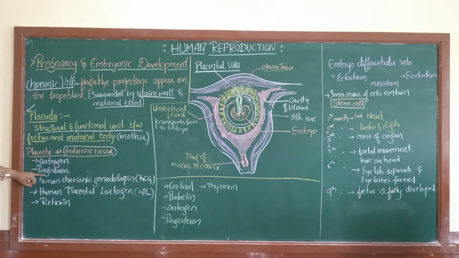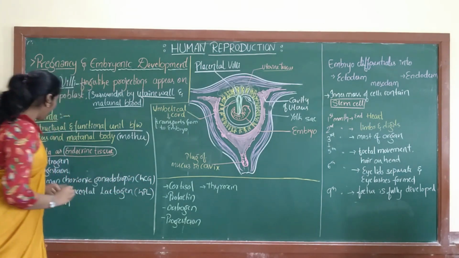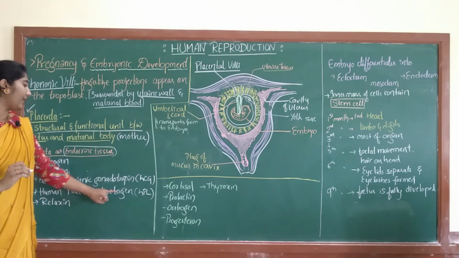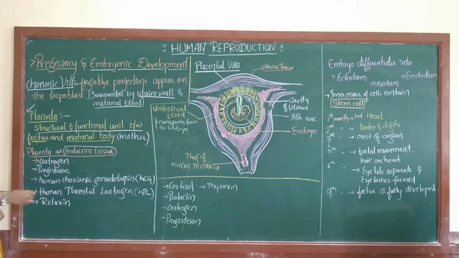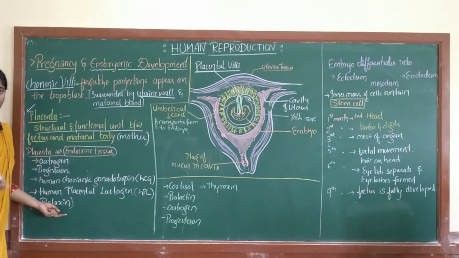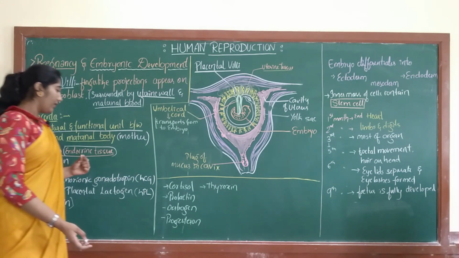Estrogen, progesterone, human chorionic gonadotropin, shortly written as HCG, human placental lactogen and relaxin. Relaxin is formed by the ovary in the later stages of pregnancy. But the placenta secretes estrogen, progesterone, human chorionic gonadotropin and human placental lactogen.